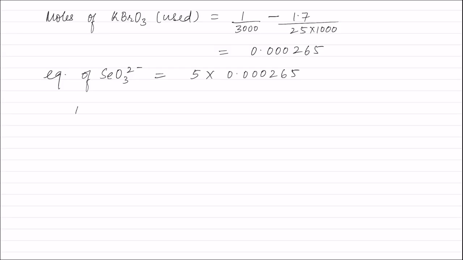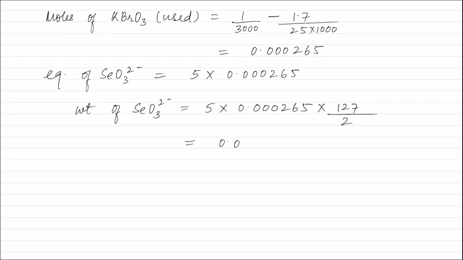And from this, weight of SeO3 2 minus will be equal to equivalence of SeO3 2 minus, that is 5 into 0.000265, into equivalent weight of SeO3 2 minus, that is 127 divided by valency factor, that is 2, and this is equal to 0.084 grams.